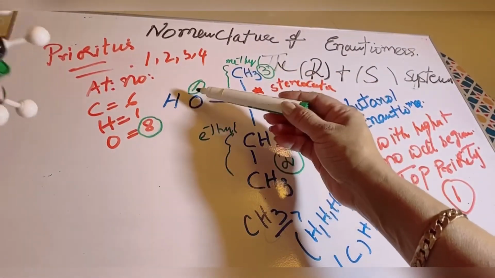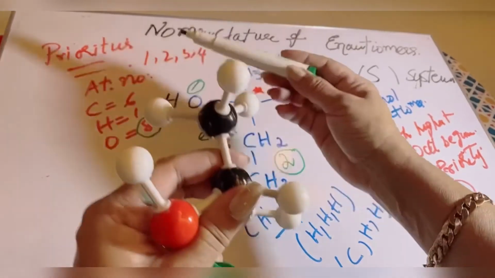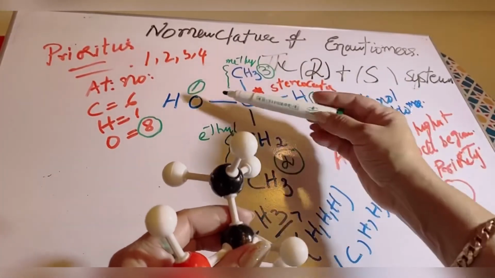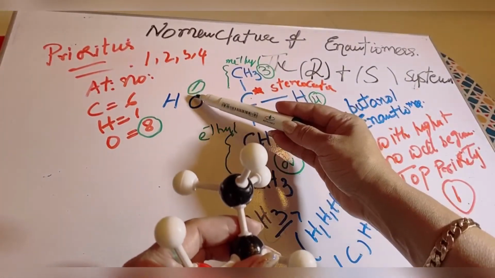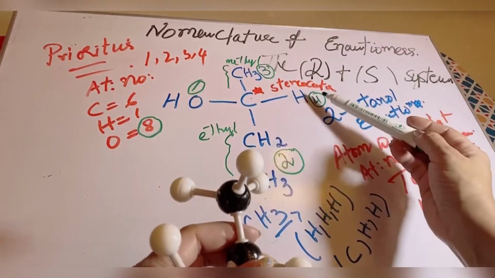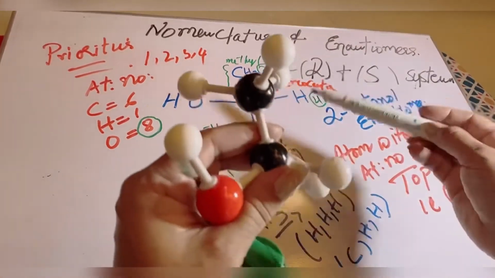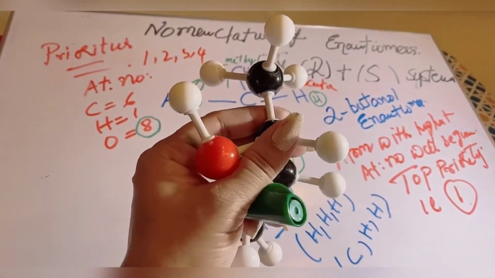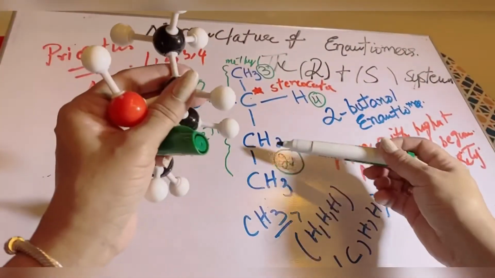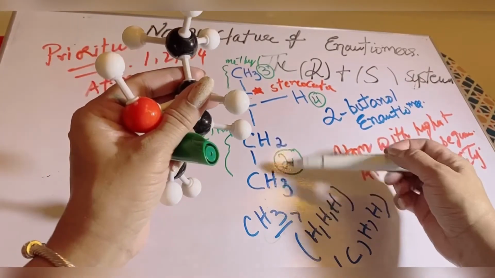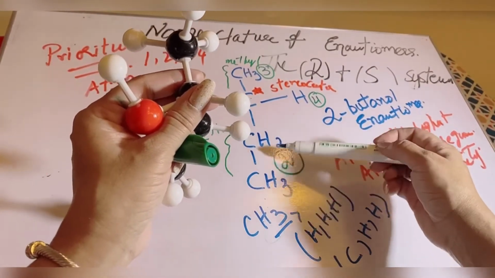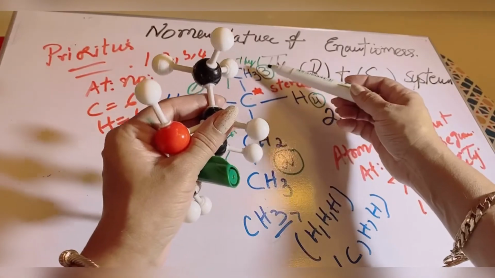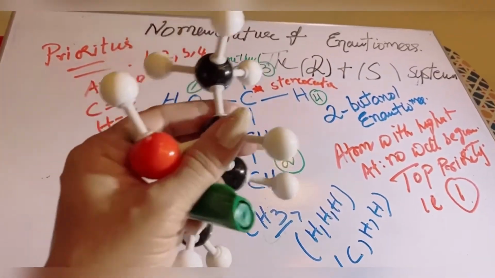So now the first priority, according to our model and this figure, is given to oxygen, that is number 1, and the lowest priority is given, of course, to the hydrogen, this one, right? Then, by comparing the next set of atoms, the next priority was given to the ethyl group, and then the methyl group is given the third priority.